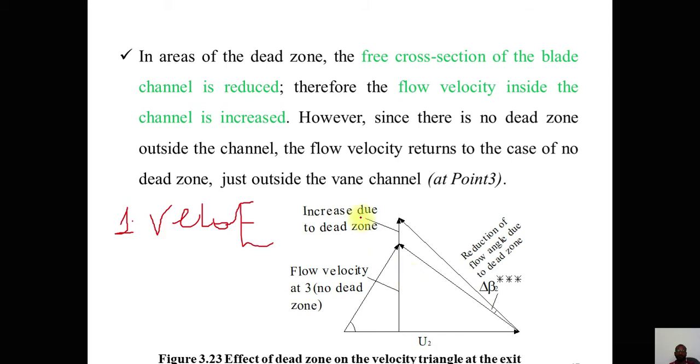The first velocity is the flow velocity, denoted as Cm. There is a tangential velocity. There is a relative velocity.